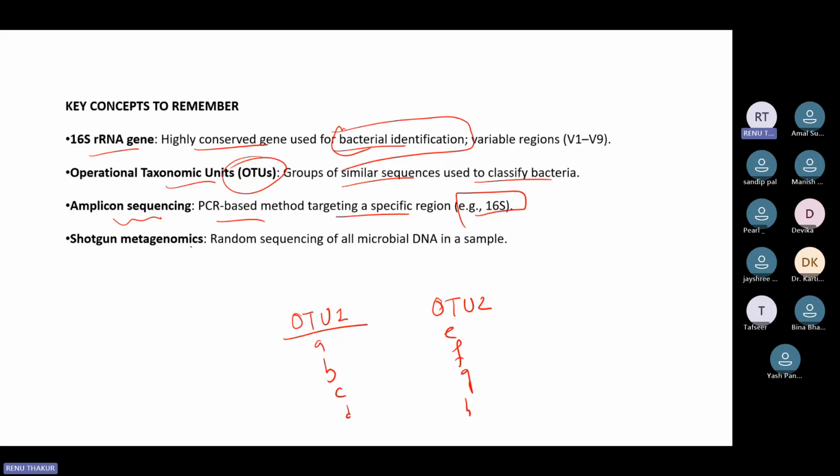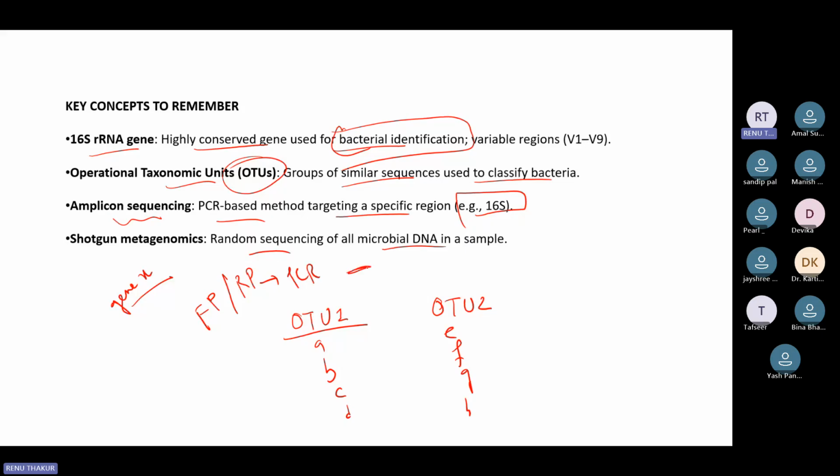Shotgun metagenomics: random sequencing of all microbial DNA in a sample is known as metagenomics. If you want to scan for a gene in any of the bacteria, suppose gene X, you want to see whether it is present in bacteria A, B, C, D, E, F, G, H. You will choose the primers of this gene X, forward primer FP and reverse primer RP, and then do the PCR.